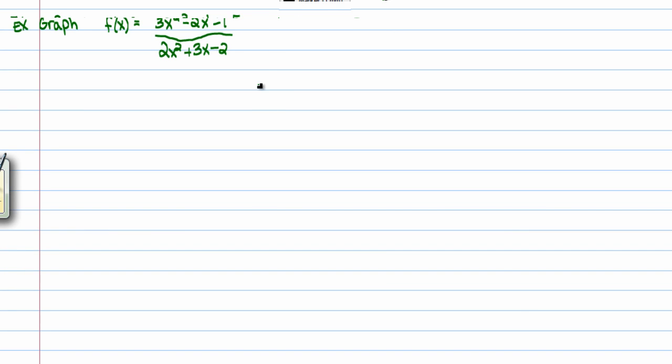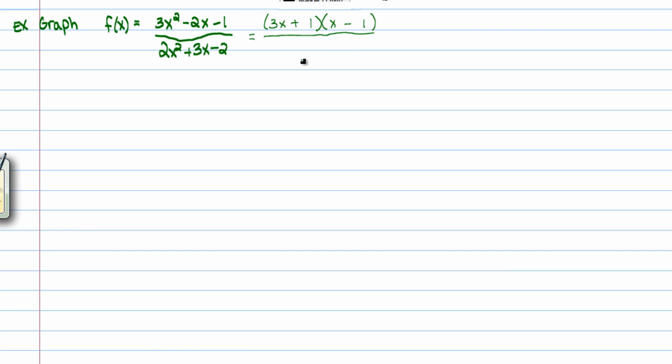And in this case, again, we're going to have to factor or try to factor numerator and denominator. Let's see if that numerator factors. Two numbers that multiply to 3 would only be 3 and 1. And two numbers that multiply to 1 are 1 and 1. Oh, this looks like we might just have a winner here. We'll do a negative here and a positive there. Let's see if that works out. 3 times a negative 1 is a negative 3, plus 1 is a negative 2. Yeah, that works out nicely.